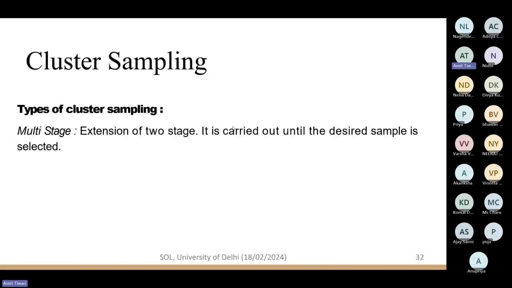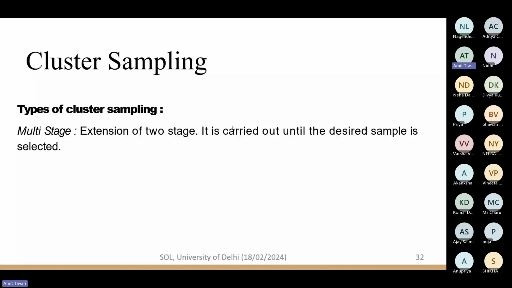Then the cities of all those 7 states you can take as the second level of cluster. Then the colleges of each city you can take as a cluster. So this is the third level of cluster. And then you can take the students and survey them for collecting data. So this is called multi-stage clustering.